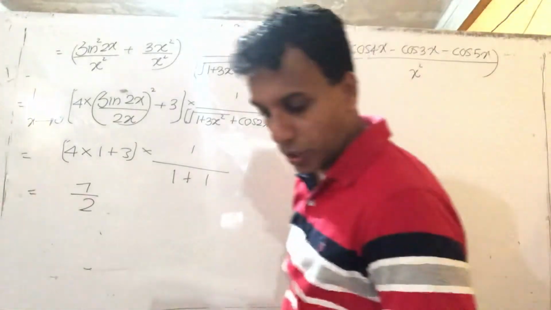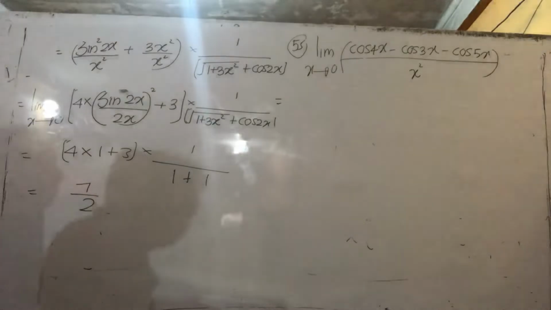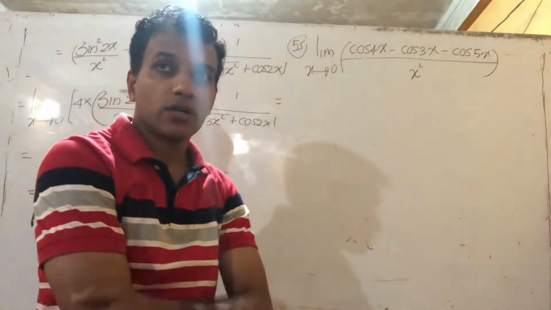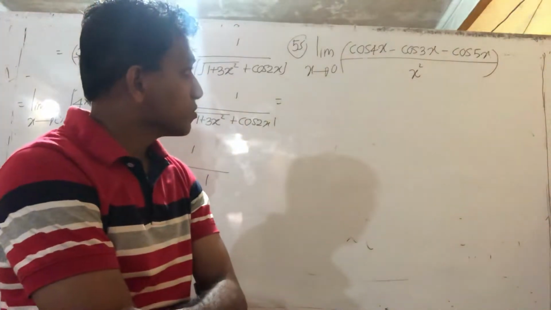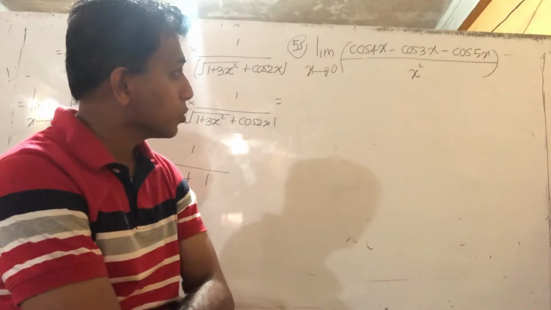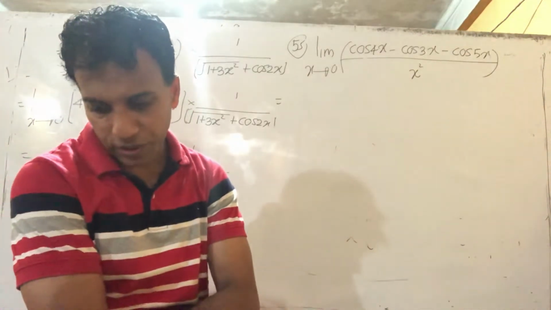See what happens if you put x as 0: cos 0 is 1, so 1 minus 1 minus 1, that is over 0. Is it cos 4x, cos 3x, cos 5x?